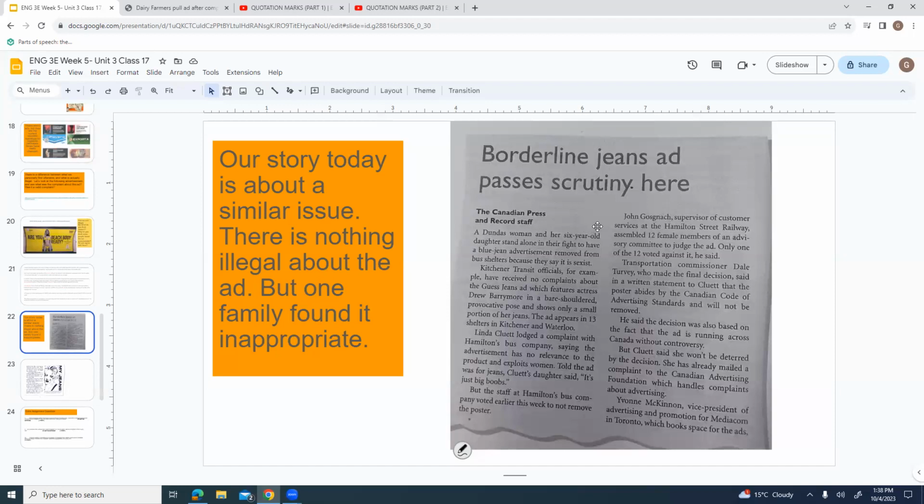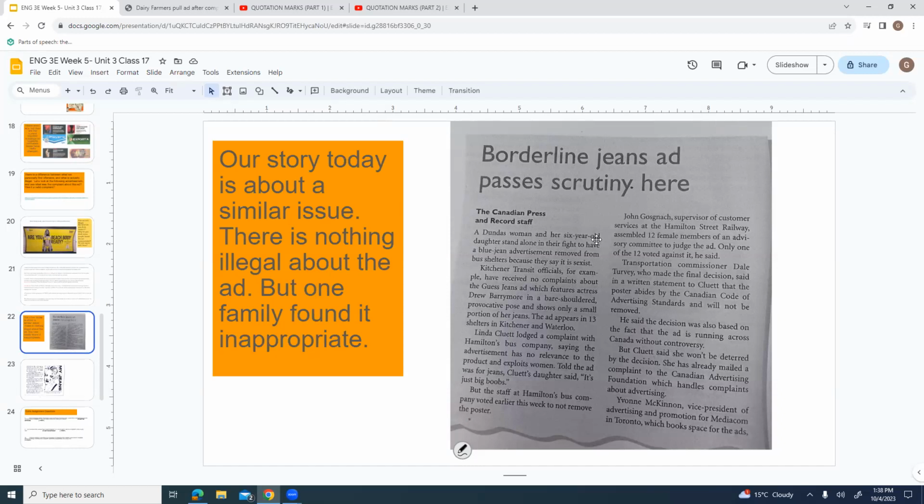It's a Canadian one. A Dundas woman and her 6-year-old daughter stand alone in their fight to have a blue jean advertisement removed from bus shelters because they say it is sexist. Kitchener Transit officials, for example, have received no complaints about the Guess Jeans ad, which feature actress Drew Barrymore in a bare-shouldered, provocative pose that shows only a small portion of her jeans.